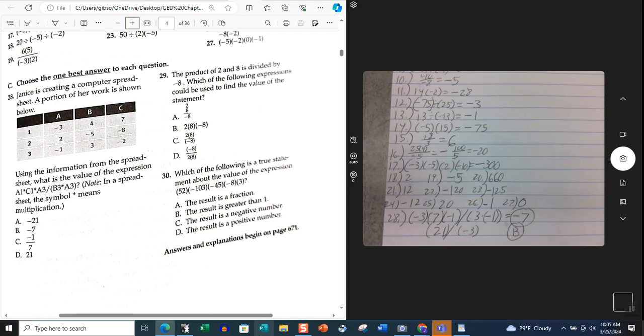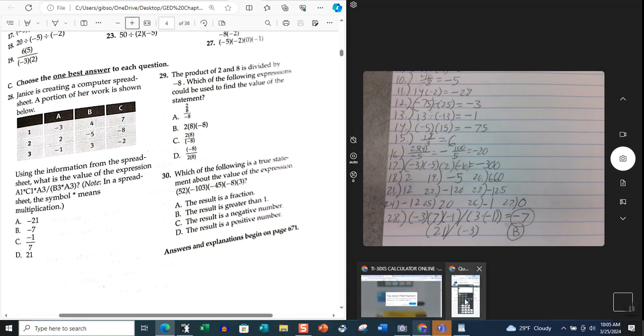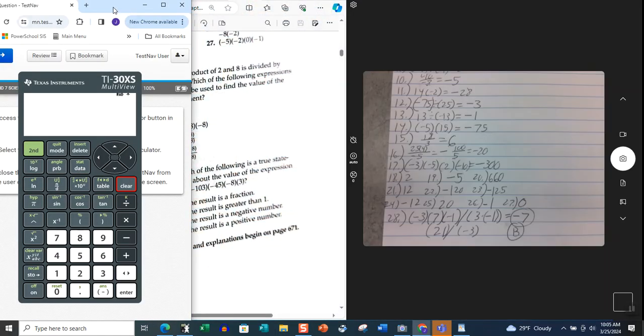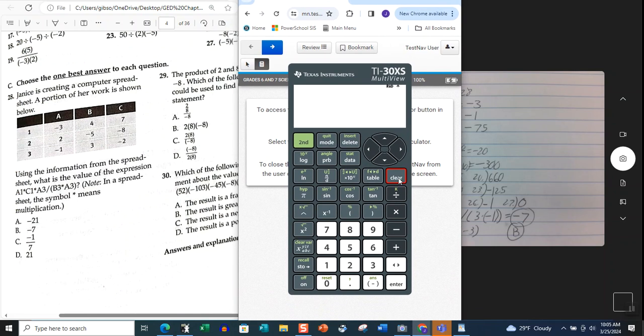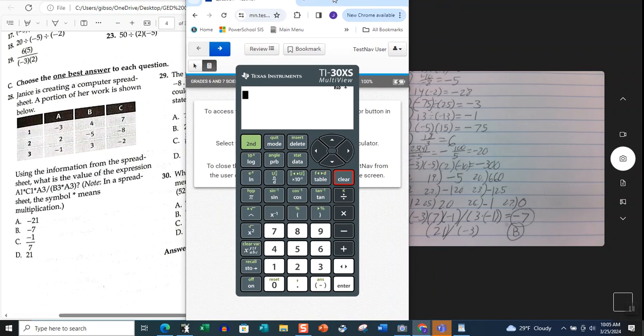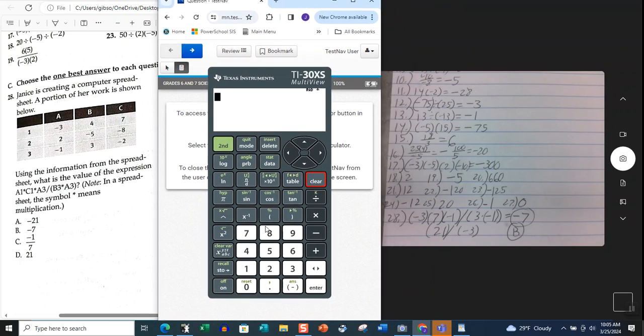That's 28. Now, if we want to put this in our calculator, let me write down these numbers. It was N over D, then parenthesis negative 3, 7, and then negative 1.